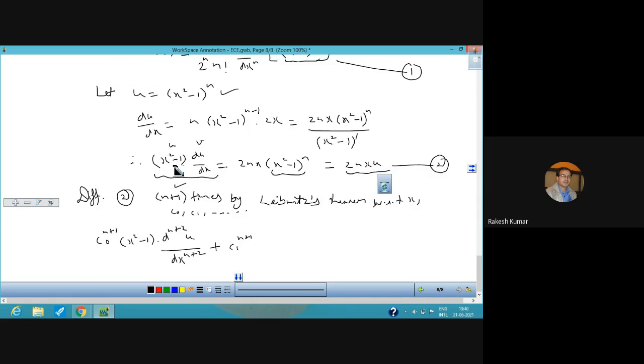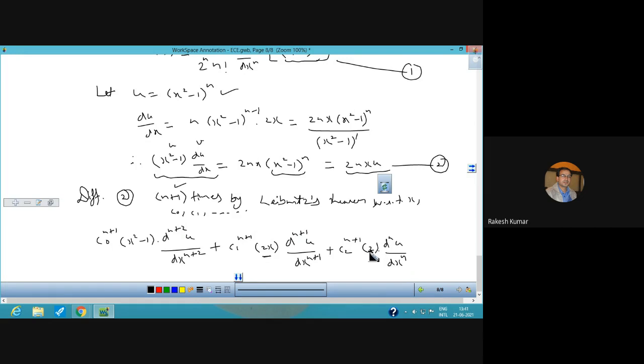Now the method is the derivative of u. The derivative of (x squared minus 1) is 2x, and now the order reduces by one, that will be d^(n+1) of u with respect to x. That means n plus first order; earlier it was n plus second order, now it is n plus first order. Now the derivative is still possible. Basically we have to look at the derivative of u, which can still be taken. So c2, n plus 1. Now the further derivative of 2x is 2, and here d^n u by dx^n.